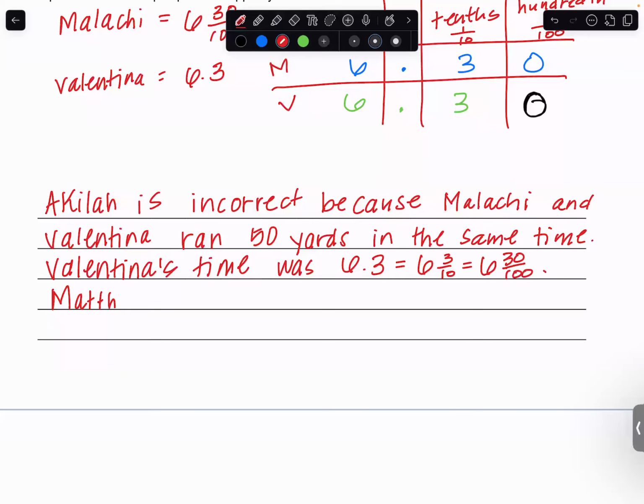Oops, I said Matthew. All right, Malachi's time is 6 and 30 hundredths, which is also equal to Valentina's time.